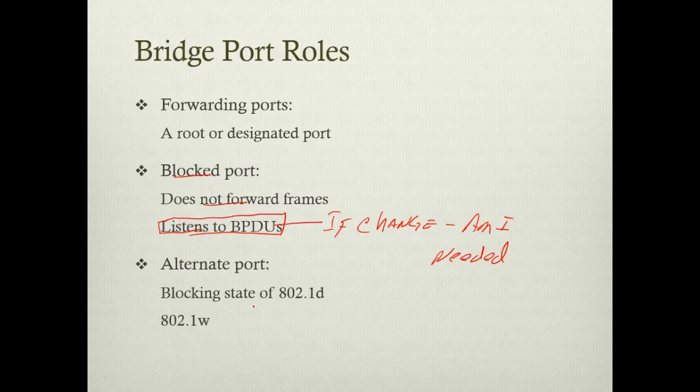And then an alternate port is in the blocking state. Alternate ports are kind of, to me, ill-defined, but they're really in the 802.1W, which is the rapid spanning tree. It's a different protocol. The one that we're using right now, that we're talking about, spanning tree, is 802.1D.